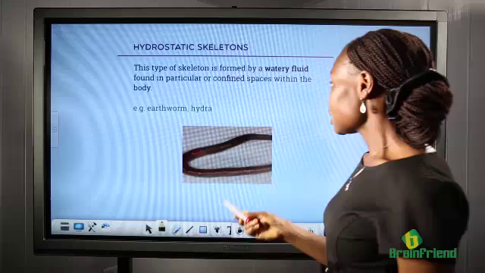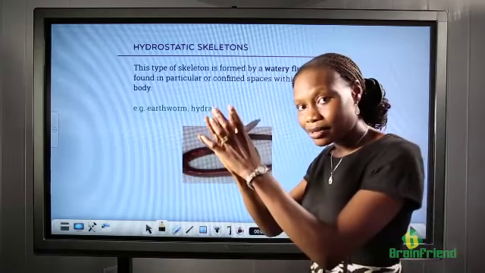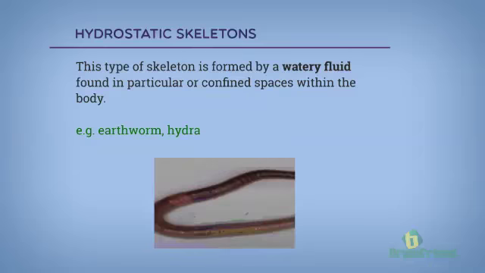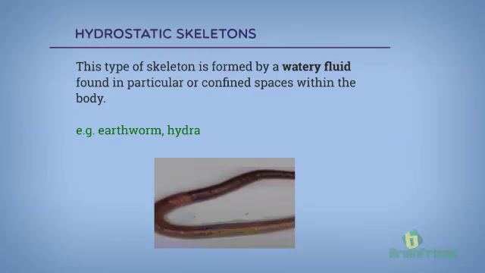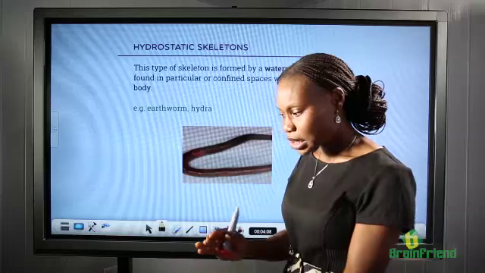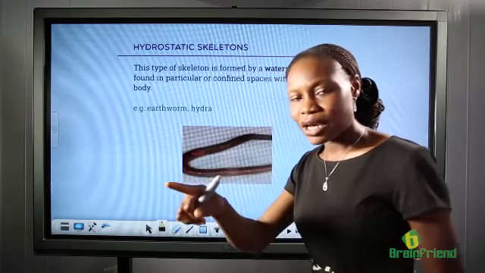Hydrostatic skeleton is formed by watery fluid found within a particular space, like we see in our earthworm. We have earthworms all around, especially when it's rainy. If you come outside and take a look on the ground, we'll see some slimy pinkish things finding their way through.